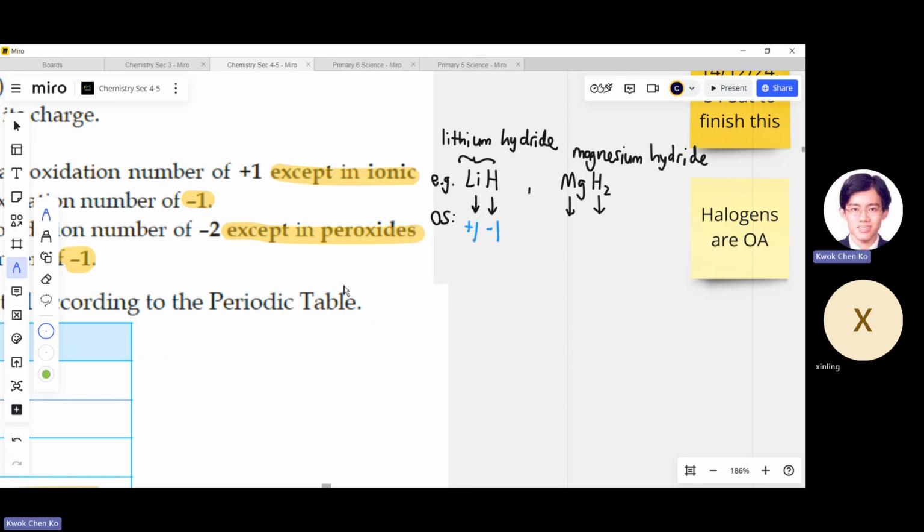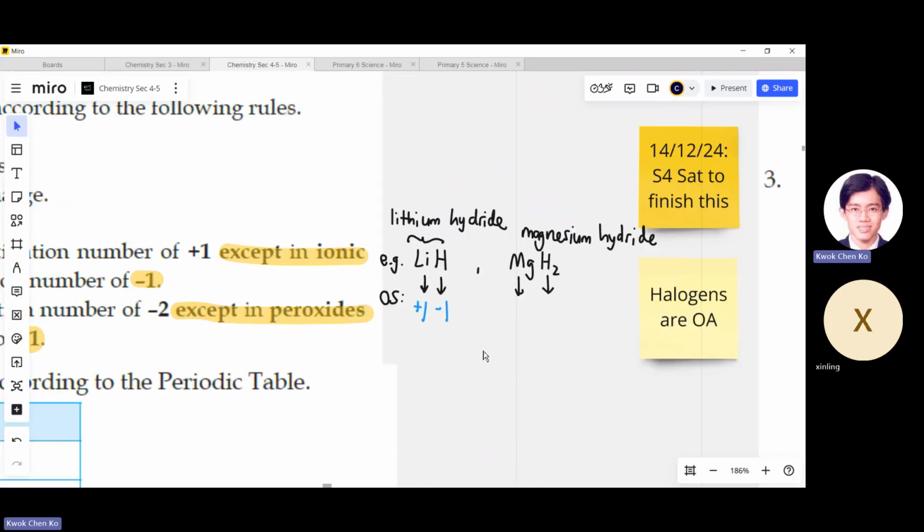It's not +1 anymore, it's -1. Oh, by the way, just to elaborate, as I said, it's a salt, so it consists of two ions, lithium plus and H minus. These are the two ions. H can be -2. Keep that in mind.